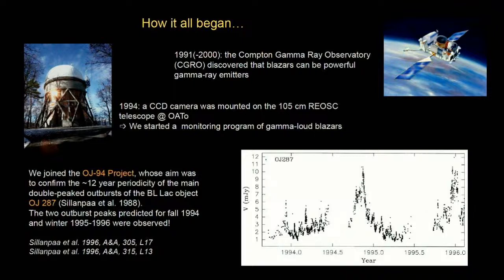The next two peaks of the flares were awaited for fall 1994 and winter 1995, and we could actually observe them. You see the light curve here that we published in Sillanpää et al.